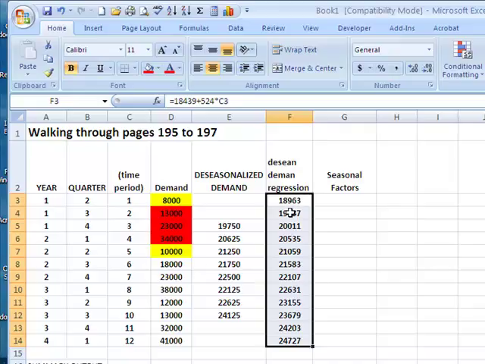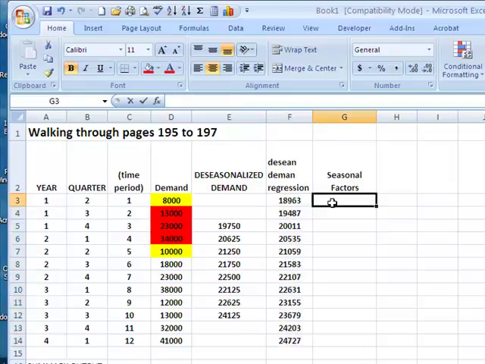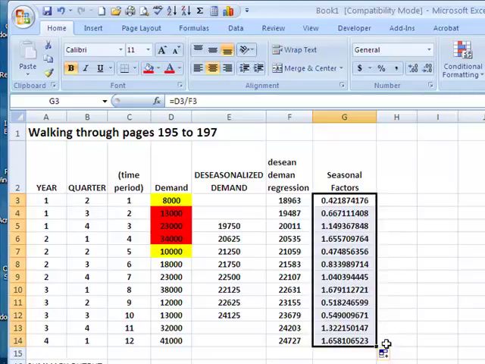Now, what your book says is to compute seasonal factors, and the way you compute the seasonal factors is you take the actual demand for any given time period and you divide it by the deseasonalized regression demand. And then if you copy that down, you will get all of these seasonal factors.